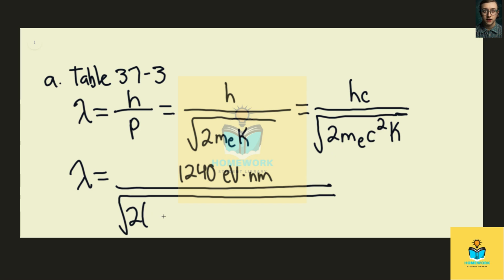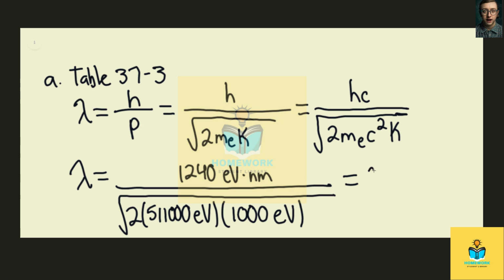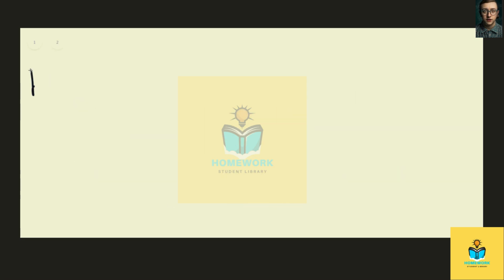So here the energy of 511,000 electron volts multiplied by the kinetic energy of 1,000 electron volts. And we find that the wavelength here is 0.0388 nanometers.